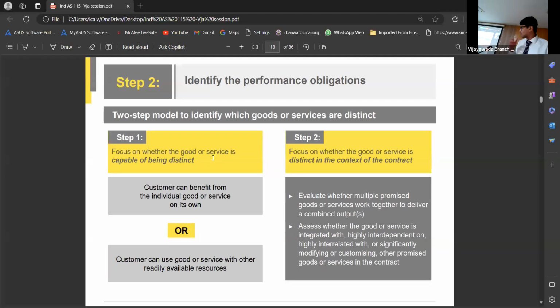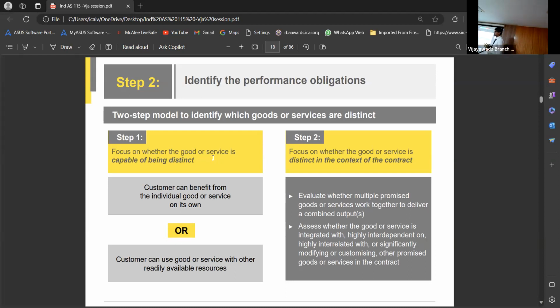So now we'll go into a level of detail in performance obligations. For you to call something a distinct good or service, and also to say that it will become a performance obligation, step one is that the good should be capable of being used on its own.